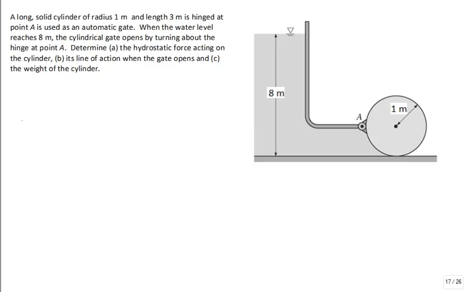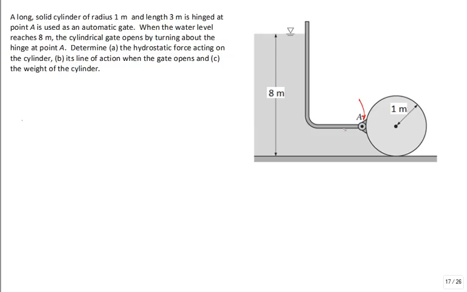Do you see where point A is? And it's hinged. Does a hinge offer any resistance to rotation around the hinge? No. But the hinge can exert a force in the x or in the y to hold that point at that location. All right.